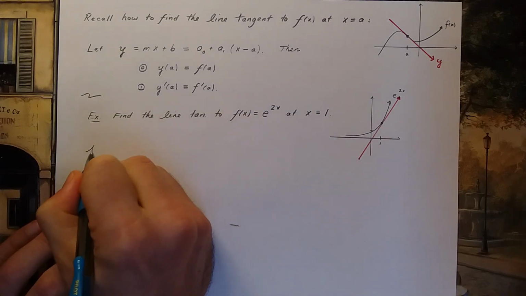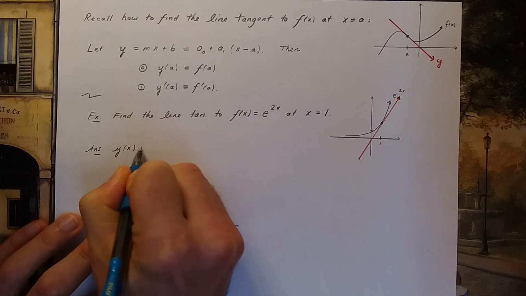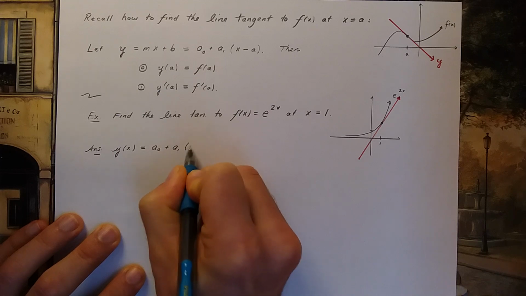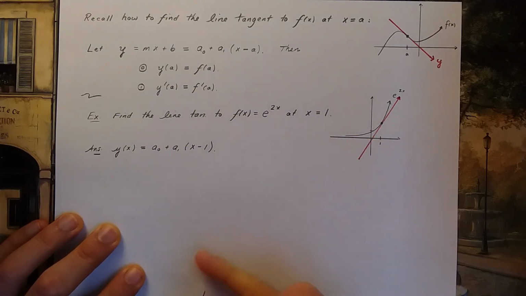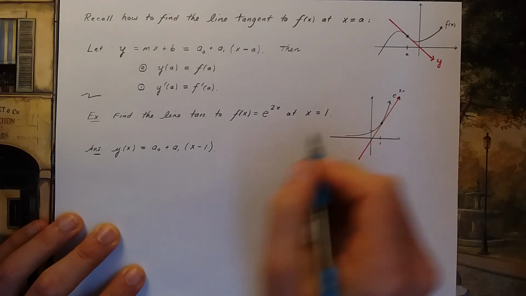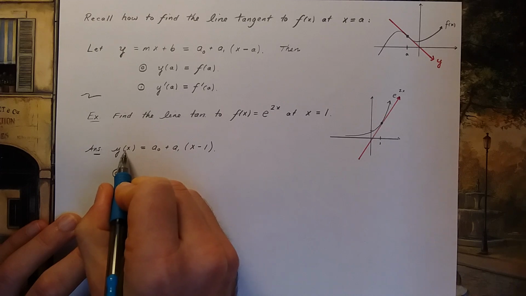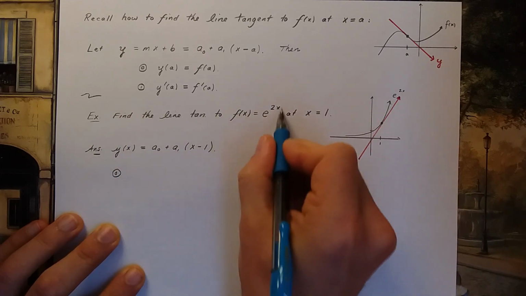My line, here's my answer. My line, in this case, y of x, looks like a0 plus a1 times x minus 1. In this case, I'm taking a to be 1. Equation 0 says if I plug in a to this line, it should be the same as if I plug in a to this function.